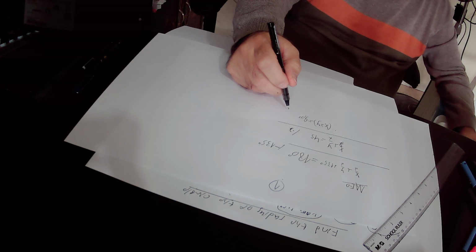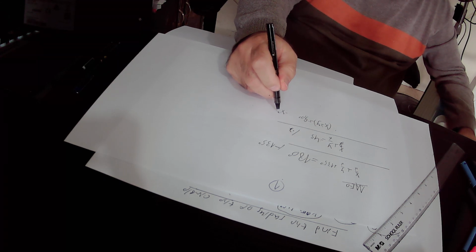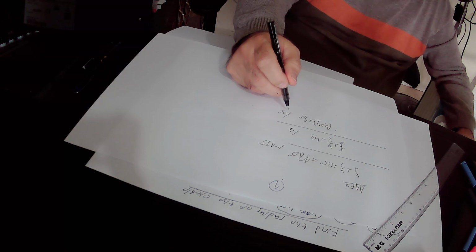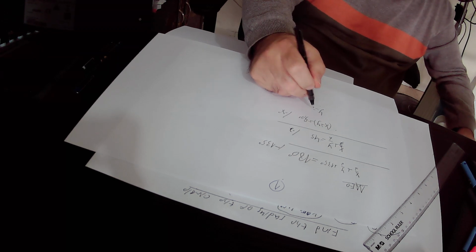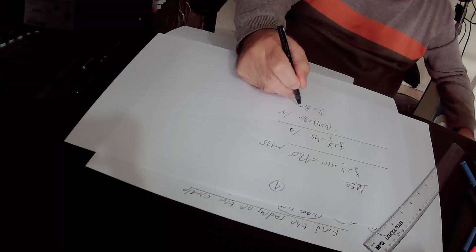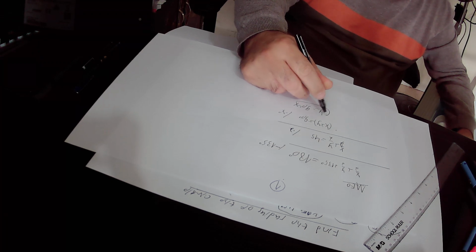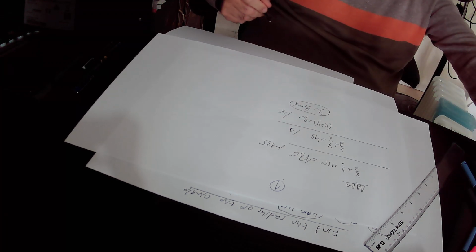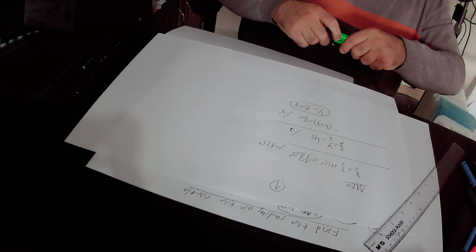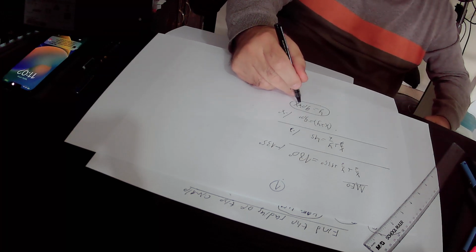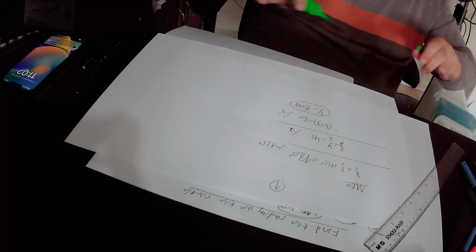We subtract x from this equation and we get that y equals 90 degrees minus x. Okay, and we get y equals 90 degrees minus x.